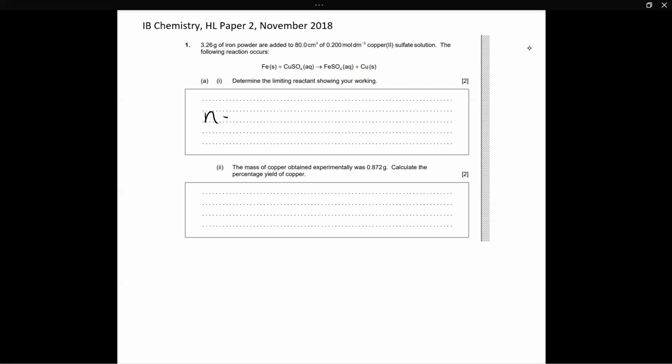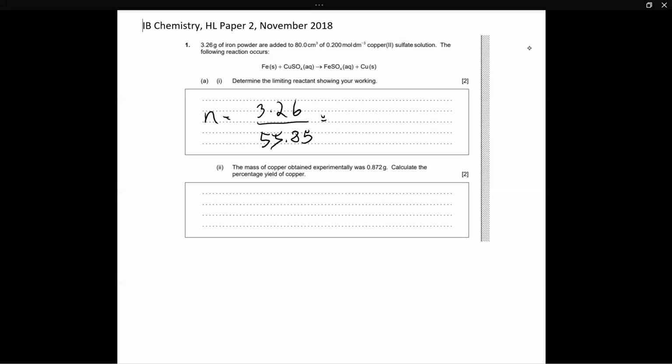We know that the number of moles is equal to the mass of the substance over the molar mass of the substance, small m over big M. In this case, we have 3.26 grams of iron powder, and the molar mass of iron, which you can find in the data booklet, is 55.85.